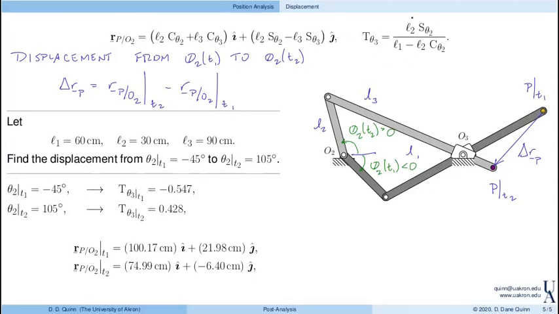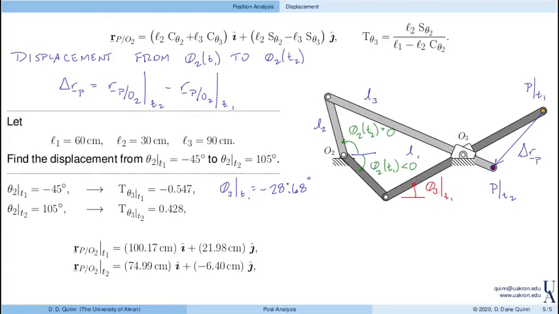Go through, calculate tangent of theta 3, and we get minus 0.547, which actually gives us theta 3 at T1 as minus 28.68 degrees. So that's going to be this initial angle, right? So this is theta 3 at time T1. Notice that because we define theta 3 positive clockwise, this is actually a negative angle.